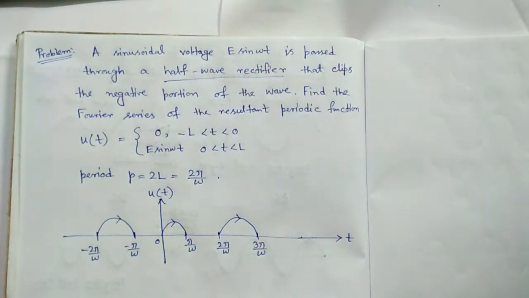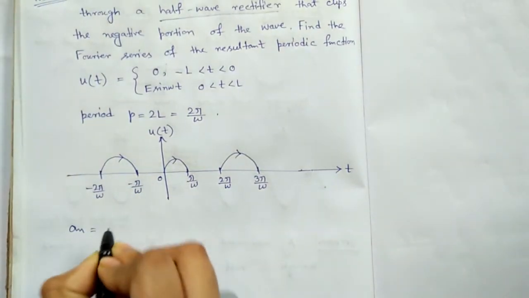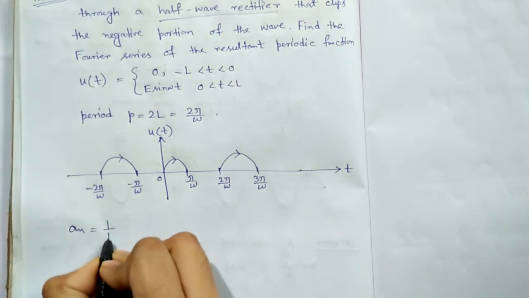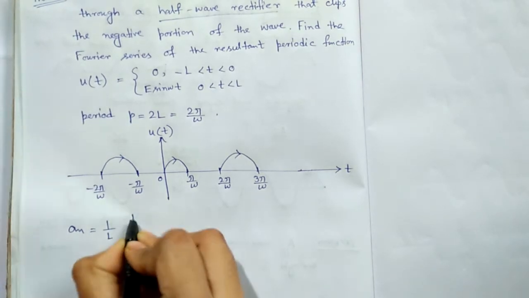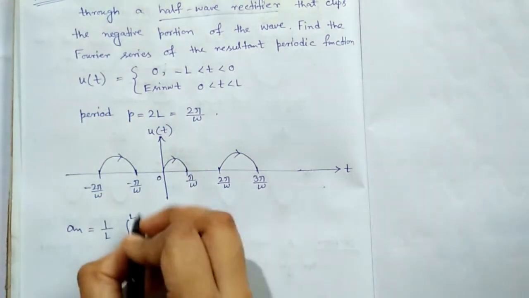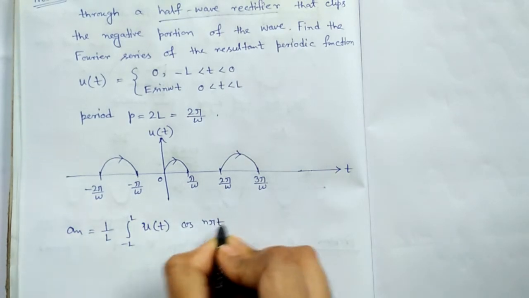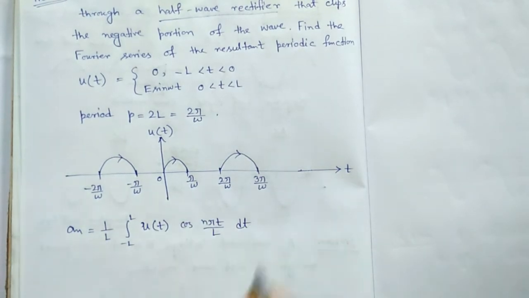So next we have to calculate the values of a_n, b_n and a_0. As we know the formula of a_n, this is equal to 1 by L integration minus L to L, where the function is u(t), so u(t) cos n pi t by L dt.